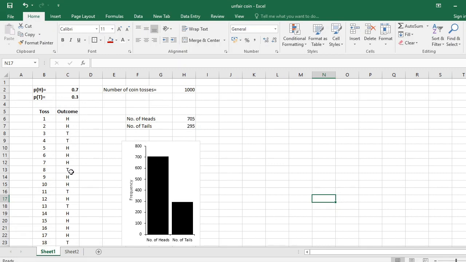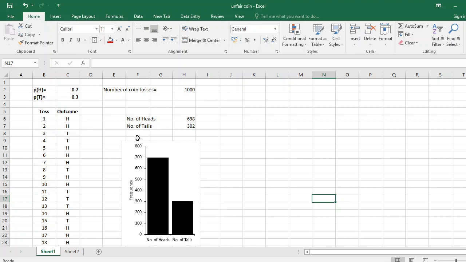With each press of the F9 key the column is changing, and so the number of heads and tails are also changing, but the total number of outcomes, heads and tails, is equal to 1000, which are the total number of tosses that we have done in this experiment, which means okay, this is all fine.